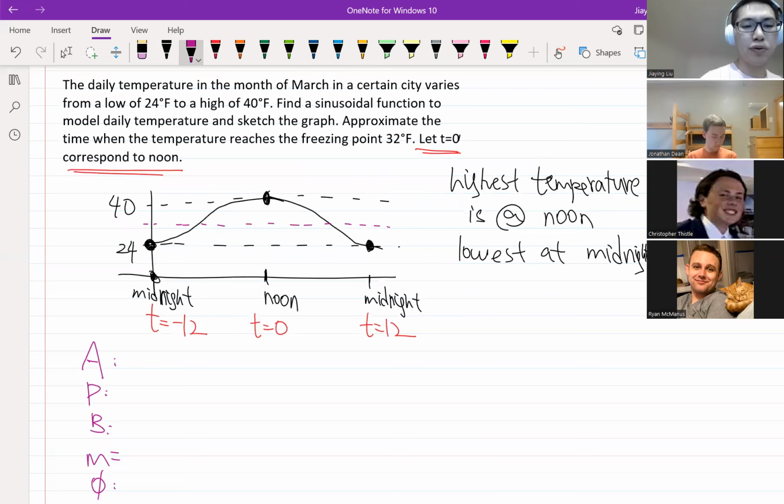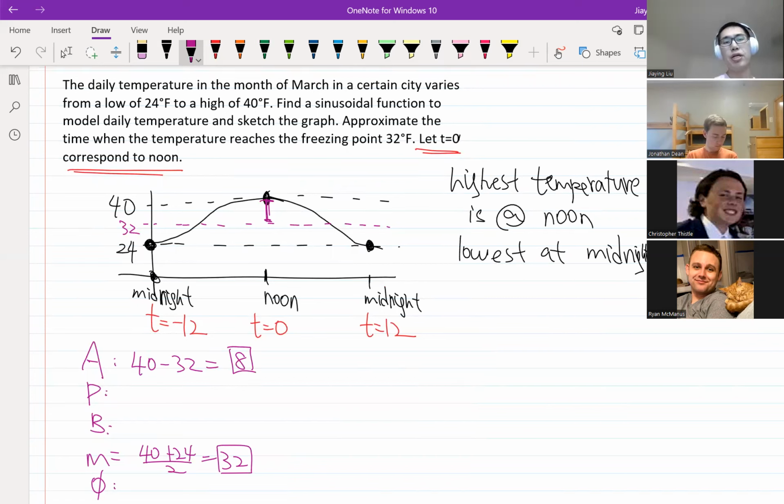So that's 40 plus 24 over 2. That's 64 over 2. It's going to be 32 degrees. And the amplitude is going to be from the highest to the midline. So that's from 40 to 32. It's going to be 8 degrees.